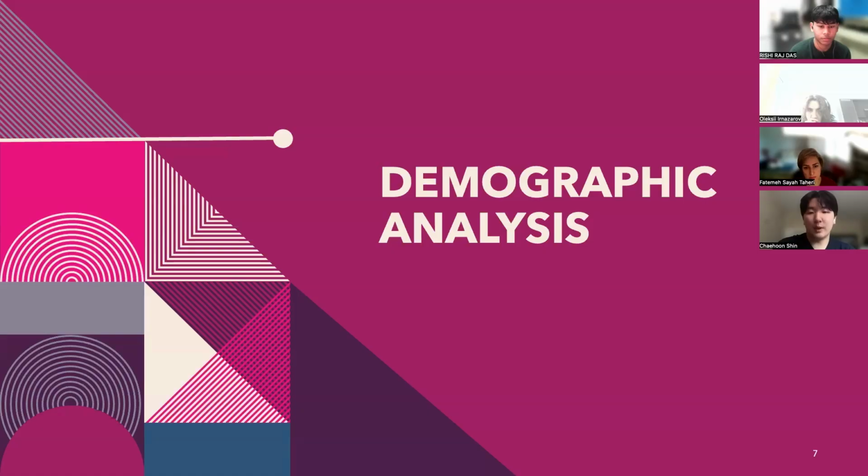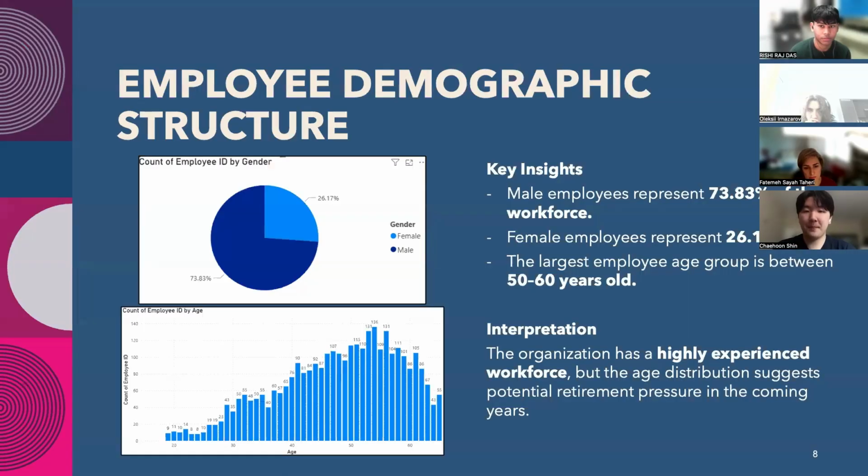So let's go to the demographic analysis. Here, I was looking at the employee demographic structure with the count of employee ID by gender. There's a pie chart and a histogram, and you can see male employees represent 73.83 percent of the workforce, and female employees represent 26.17 percent.